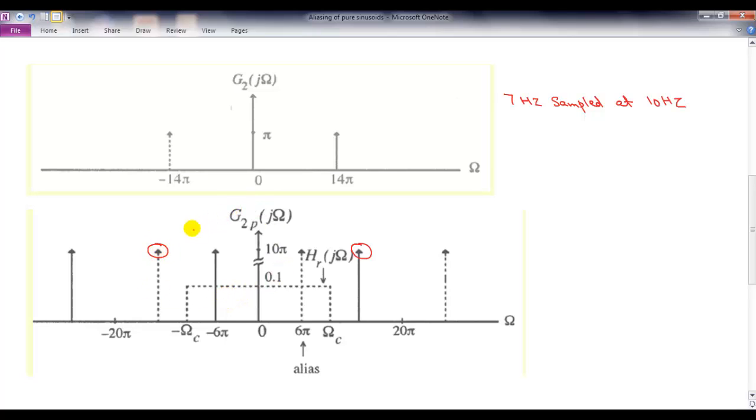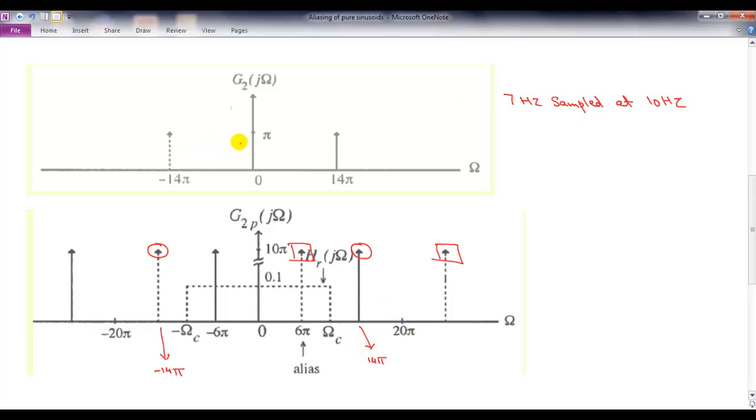You have a main copy situated at 14 pi, and this is minus 14 pi. And then you have another copy at 20 pi. I'm going to use a square for this one.